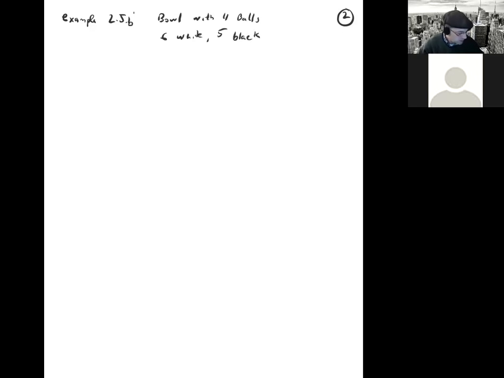And you draw 3 balls randomly from the bowl. Let E be the event that when drawing 3 balls, we want exactly 1 ball to be white and the others to be black.